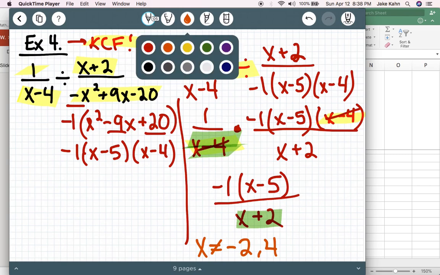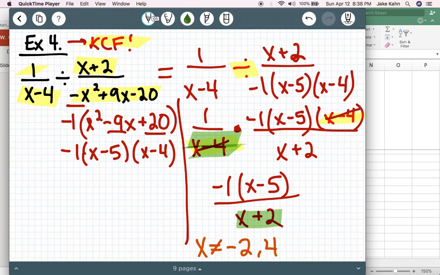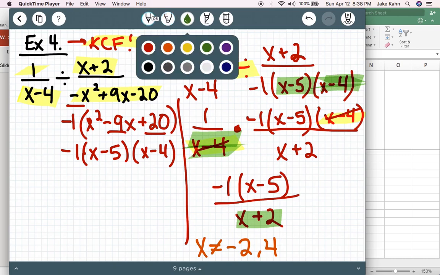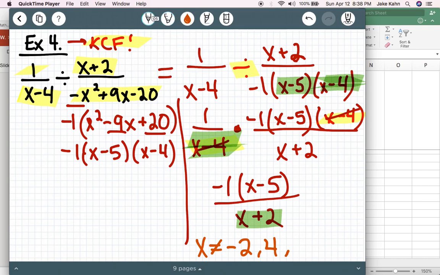Moving up from there, x minus 4 again can't be equal to 0, but we already looked at x minus 4. What about this one, x minus 5? That can't be equal to 0, which means that x cannot be equal to +5. And that's it. Our final answer is -1 times x minus 5 over x plus 2, where x cannot be equal to -2, 4, or 5.